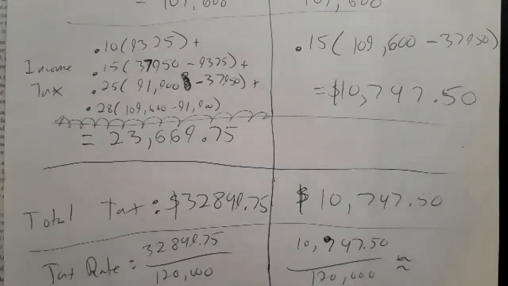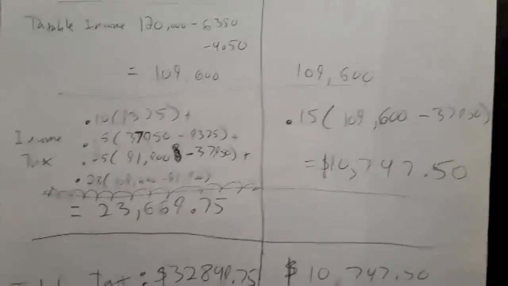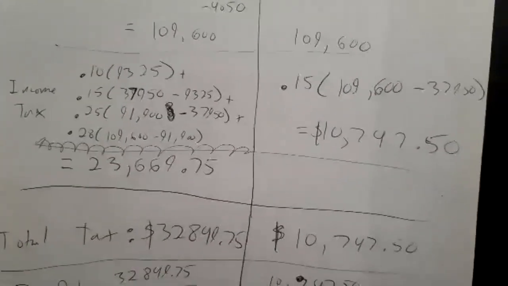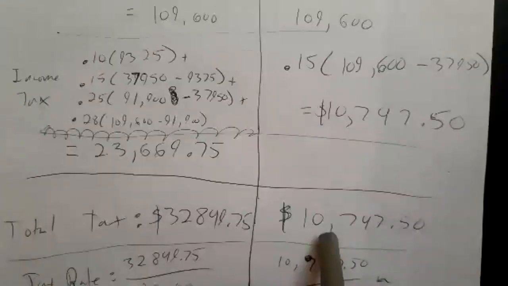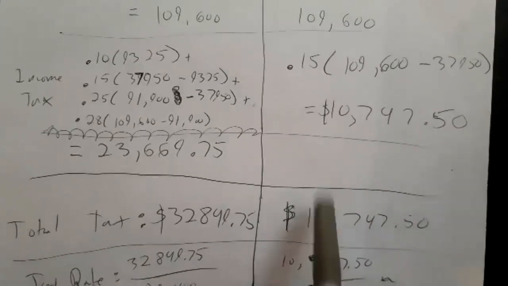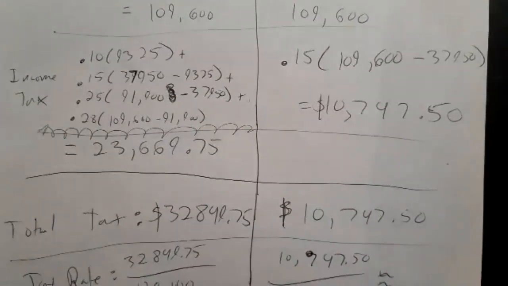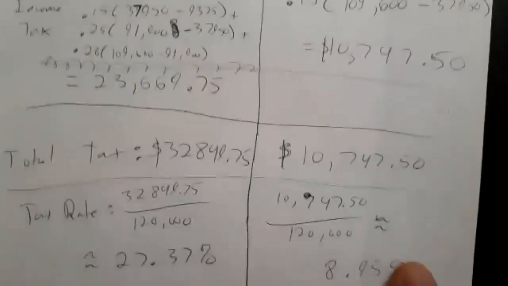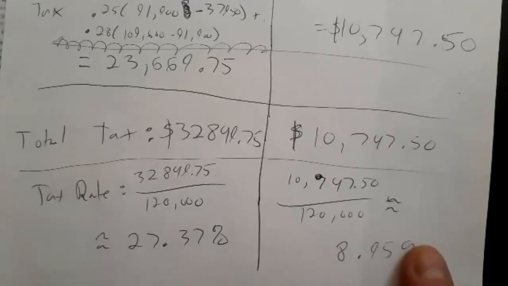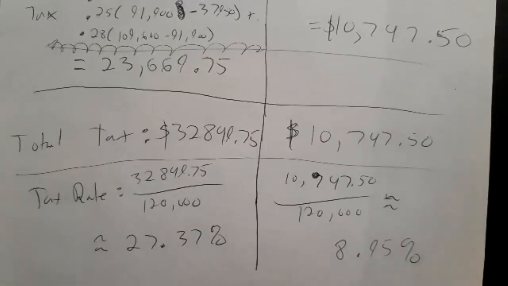And then if she gets taxed 0 FICA and 10,747.50 for her income, her total tax is 0 plus this number. 0 plus 10,747 is going to be 10,747. If we want to know her tax rate, we divide that by how much she made, which is the 120K. She's getting taxed 8.95%.